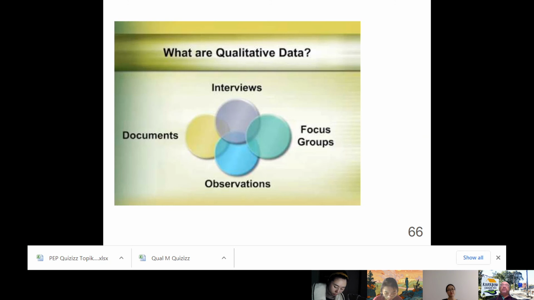Okay, let's go to the next slide. These are the qualitative data methods. So, interview: you can have a one-to-one interview, only two people, you and one person. You could also interview many people, which we call a focus group interview.